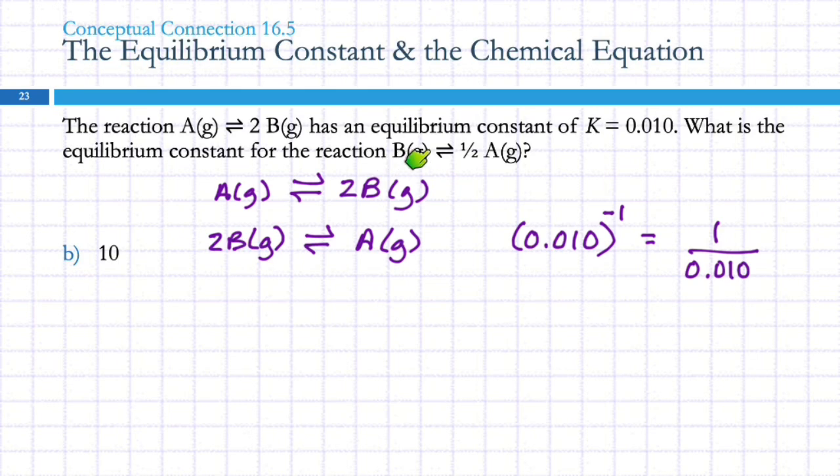Okay, then what else happens to get to this? How do I get from A to 1/2 A?